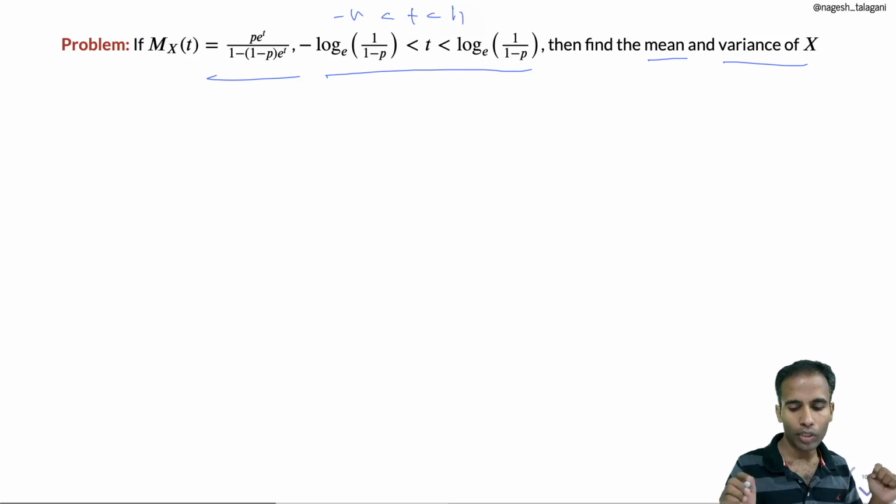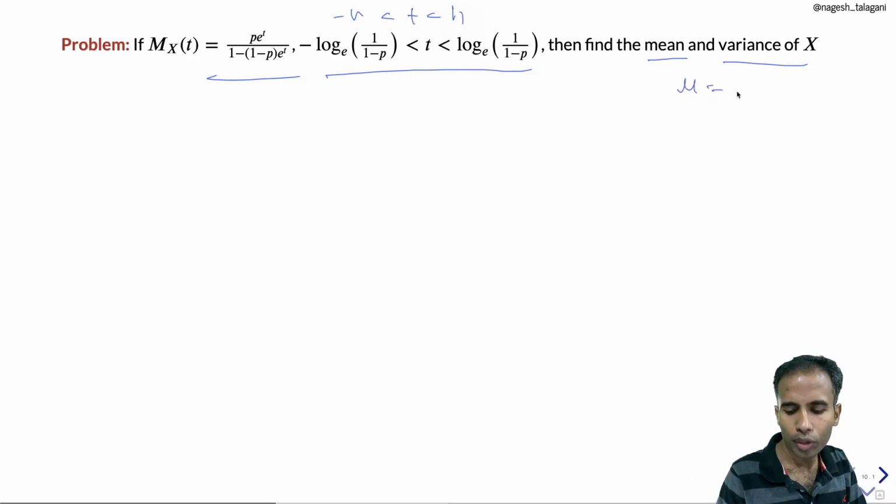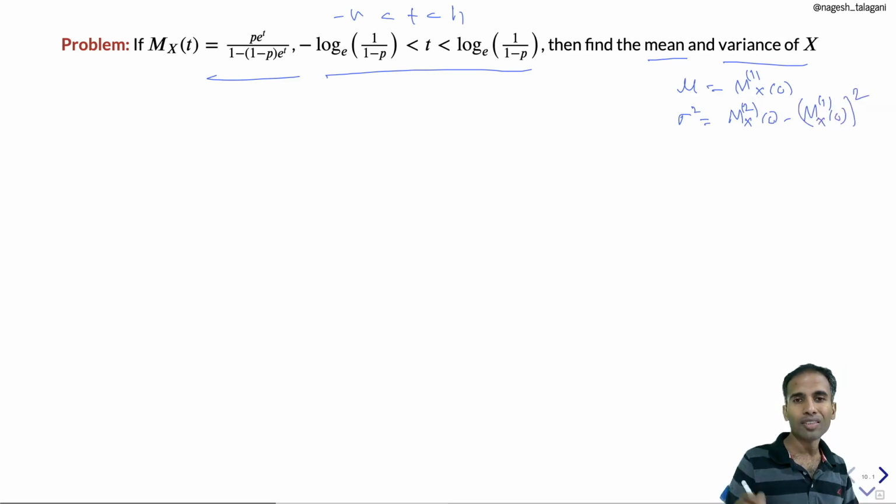From the above note, we know that the mean mu equals the first derivative of the MGF at 0, and the variance sigma square is the second derivative of the MGF at 0 minus the first derivative of the MGF at 0 whole square.